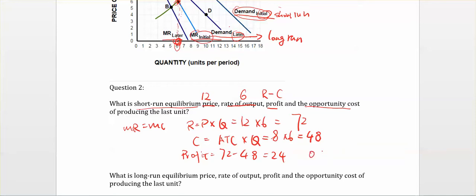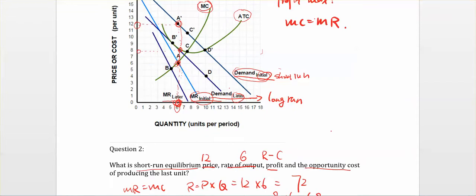How about the opportunity cost of producing the last unit? First, try to remember the definition of opportunity cost. Opportunity cost is the cost of the foregone alternative, the best foregone alternative. So the opportunity cost in this case is the cost of production for this particular unit of output, in other words, the marginal cost of producing this particular unit.